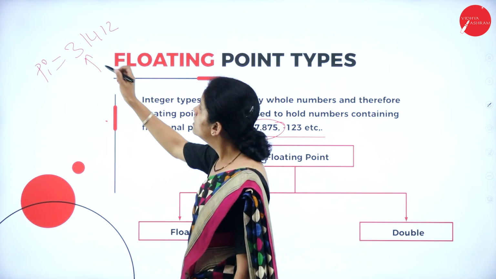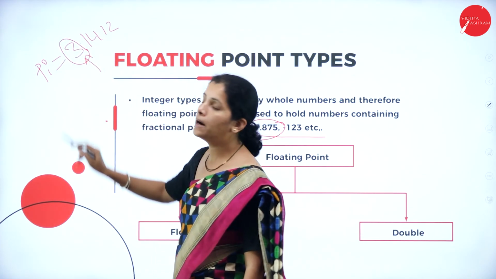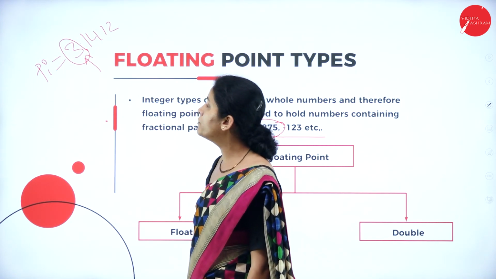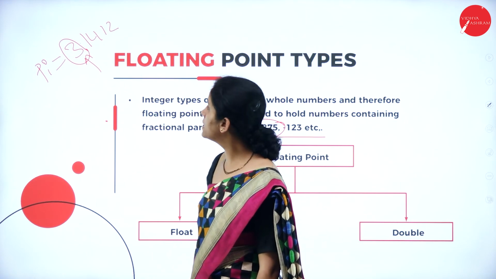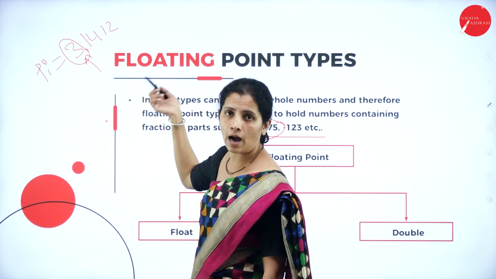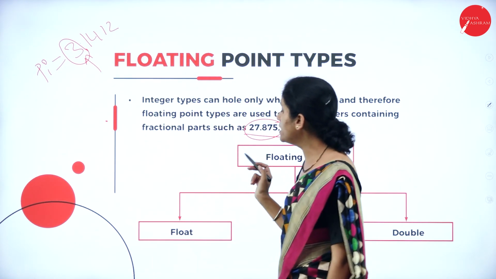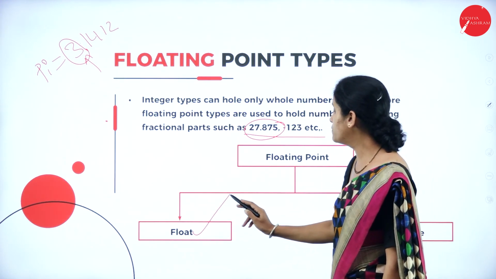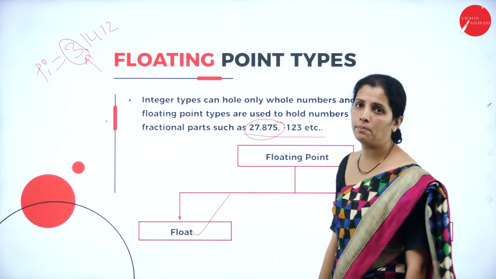Now, this 3 is nothing but my integer part and 0.1412 is nothing but the fractional part. And this floating point number is further classified into two types, that is float as well as double.